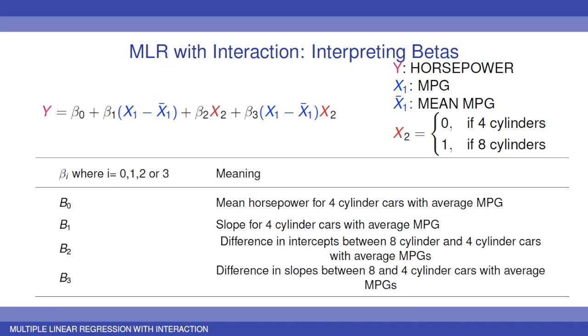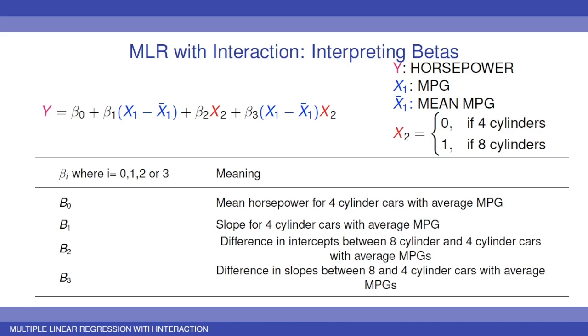In other words, 4-cylinder cars with 0 mpg. However, since mpg is centered, the baseline group consists of cars with average mpg and with 4 cylinders, or when x2 is equal to 0. Once again, we can deduce from the previous slide that our baseline group consists of 4-cylinder cars with average mpg.